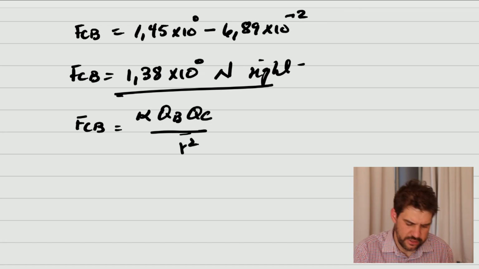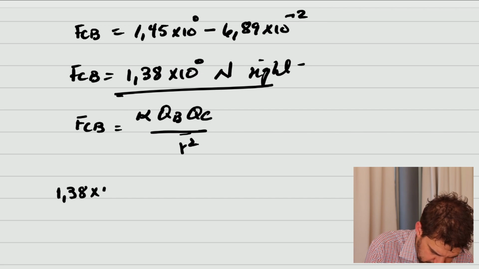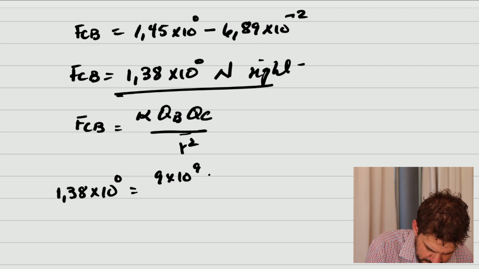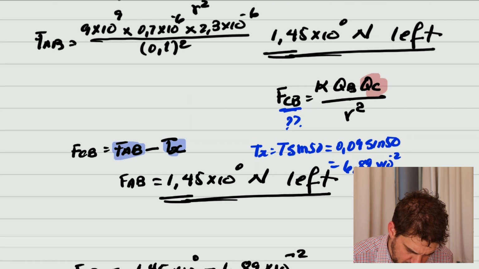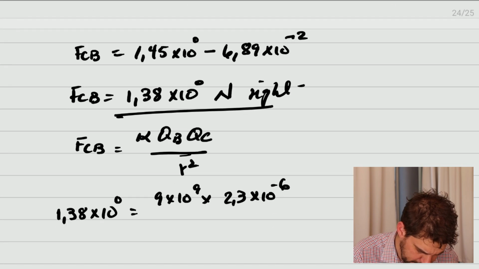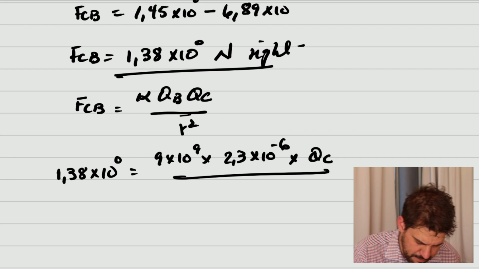So if we substitute here now, we have that this one is 1,38 times 10 to the 0 is equal to 9 times 10 to the 9 times 2,3 times 10 to the minus 6. If I'm not mistaken, let me make sure with this substitute there. It is 2,3 times 10 to the minus 6 times QC we're looking for, divided by the distance.